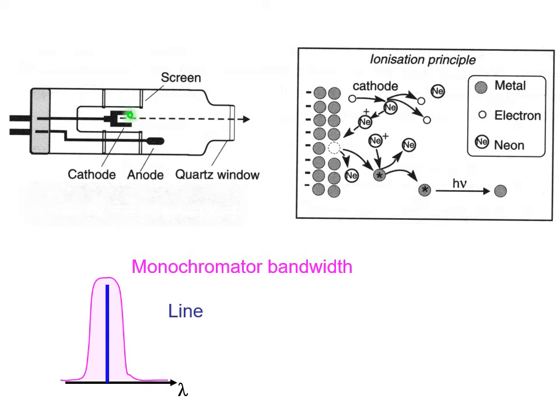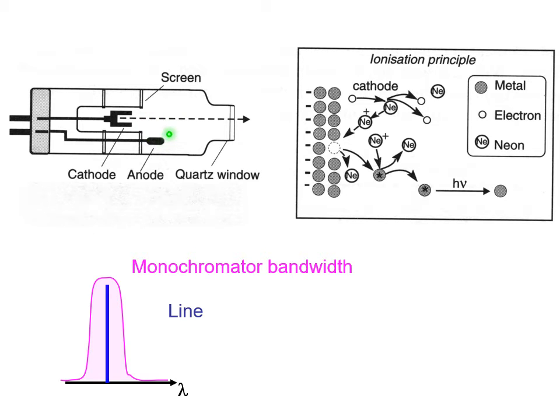What is this? This lamp has two electrodes. One is an anode, another is a cathode. On the cathode, we are placing our metal. In our specific case, it was sodium. So at high temperature, it will evaporate.